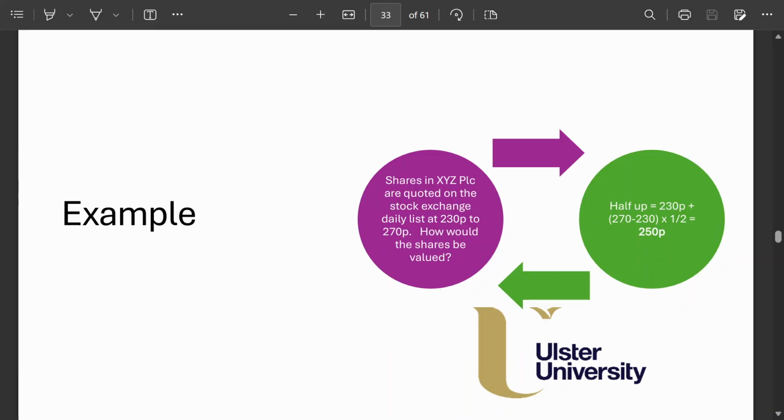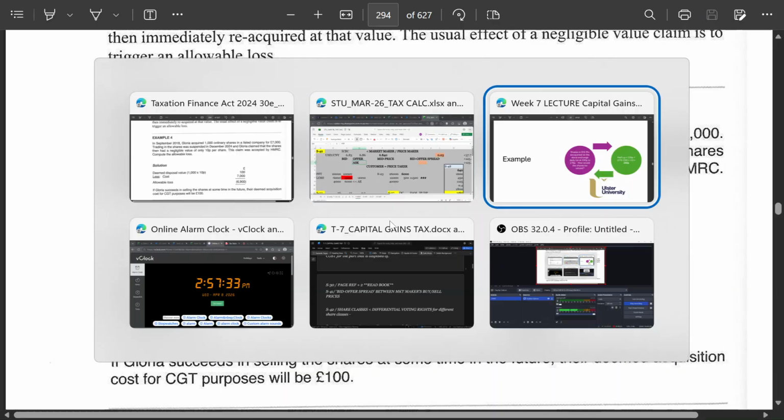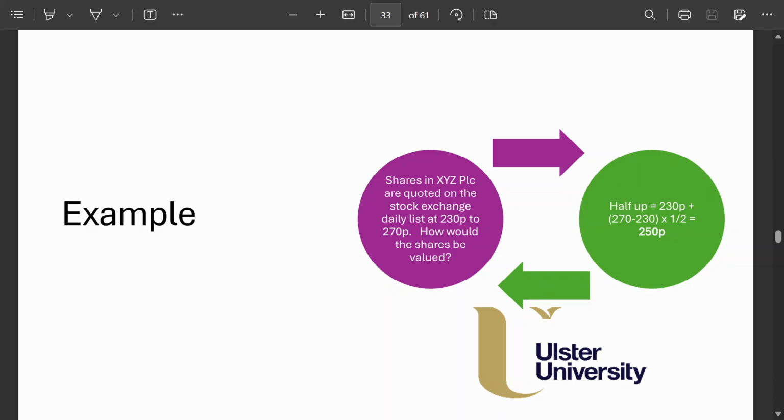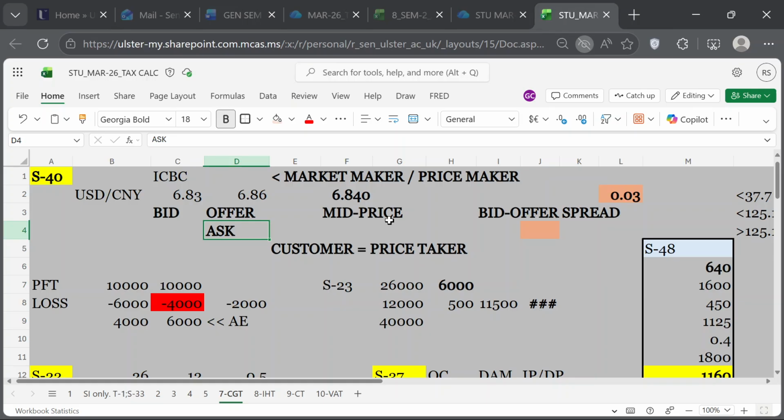That means this is the two-way price, the market makers' two-way prices, because there is one price for buying and one price for selling. So here, 230 is the bid and 270 is the offer.